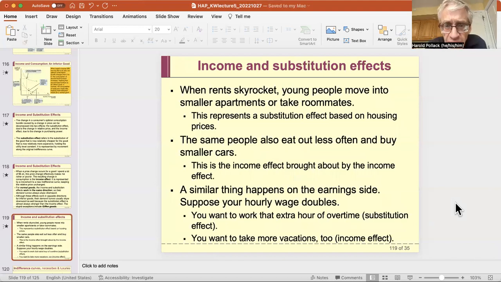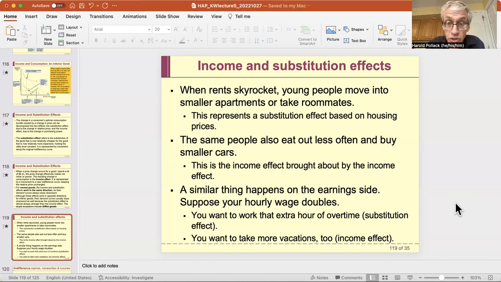So again, in housing, imagine that you leave Chicago, you get your degree from Crown, you take a job in Manhattan, and rents are just vastly more expensive in Manhattan than in Chicago. So part of it is that you're going to live in a smaller apartment. Maybe you'll take a roommate, and that's kind of the substitution effect.